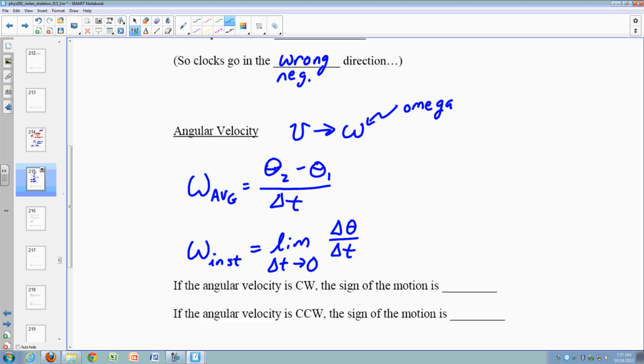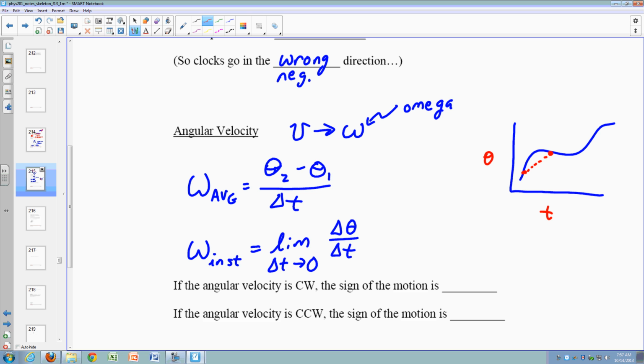All right, so if we're looking at this graphically, let's say that we have a function that looks like this, and I can find the average angular velocity between these 2 points by taking the change in theta over the change in time, where this is theta, this is t. So like we did before, we take theta final and theta initial and take the difference.